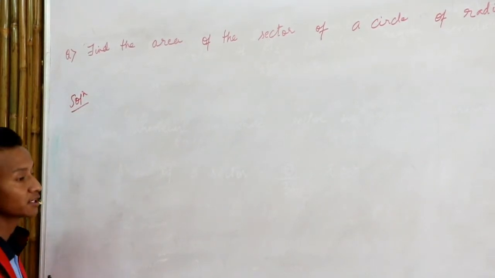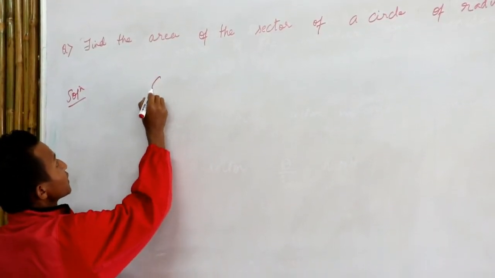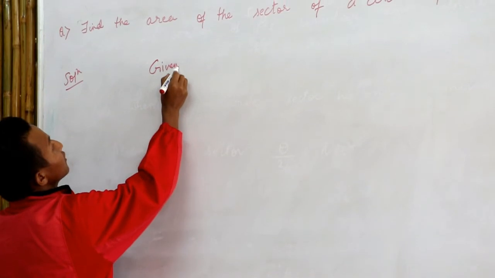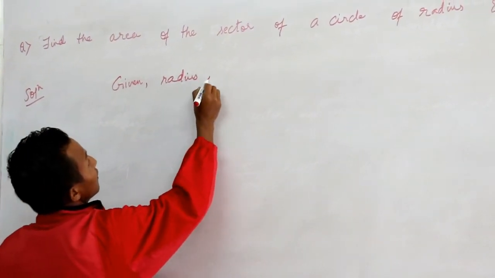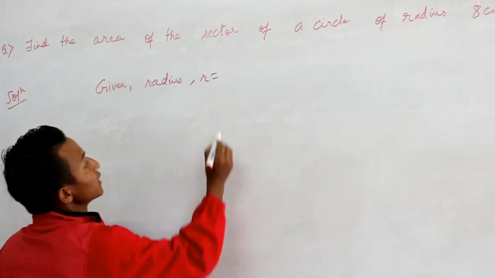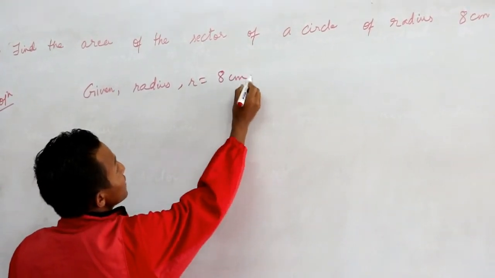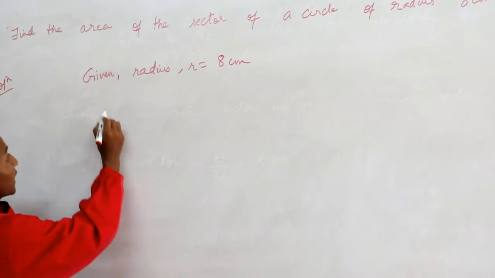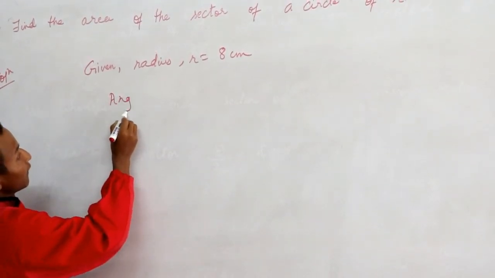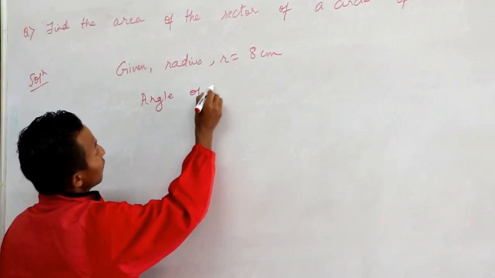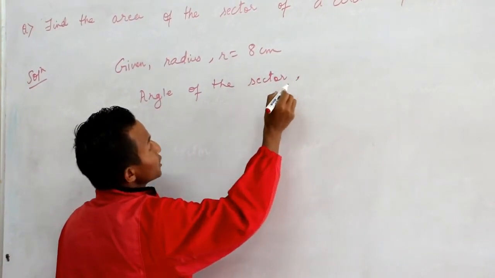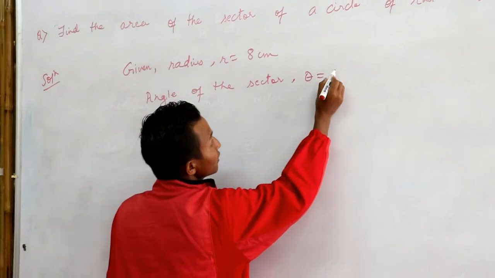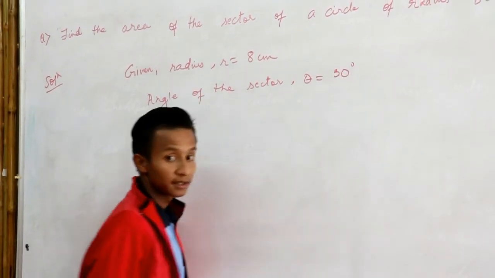Let's start with the solution. Given radius r is 8 centimeter and the angle of the sector, theta, is equal to 30 degree.